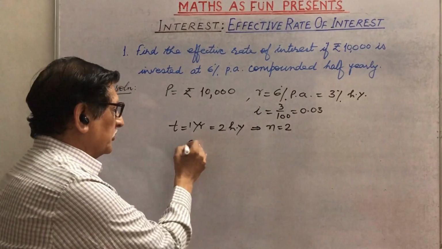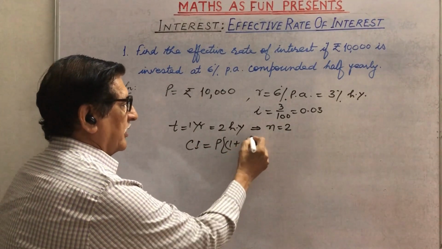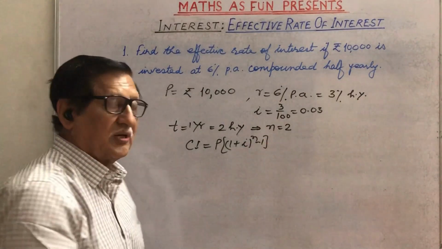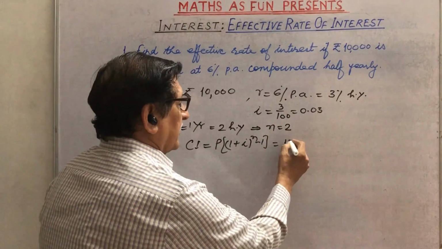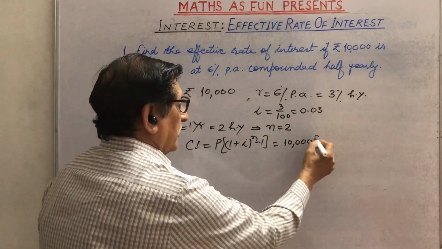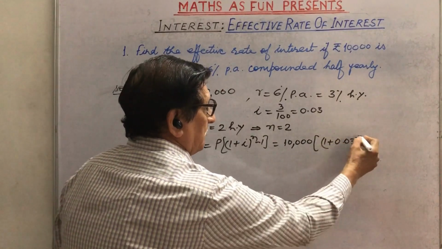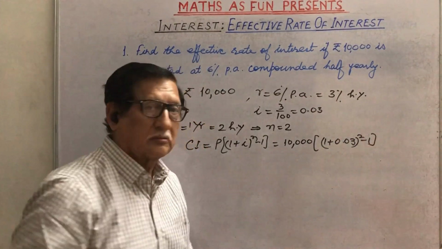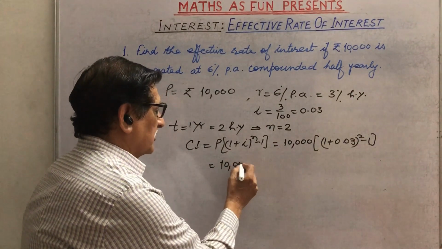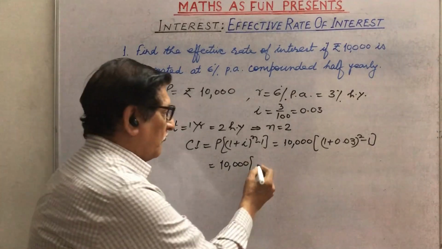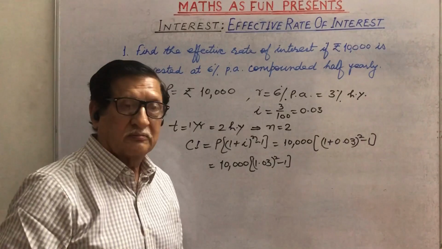So what will be the compound interest? That is P into ((1 plus i) power n minus 1). We know the formula. We have already learnt it. This is 10,000 into ((1 plus 0.03) power 2 minus 1). Is it equal to 10,000 into (1.03 whole square minus 1)?